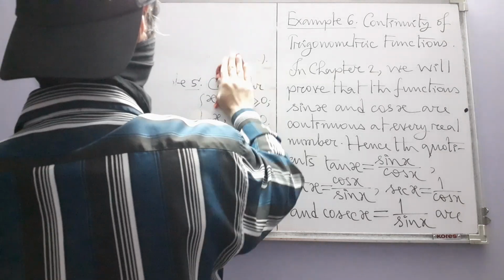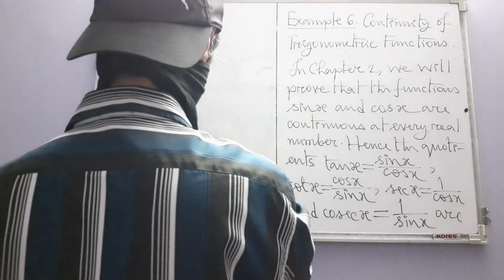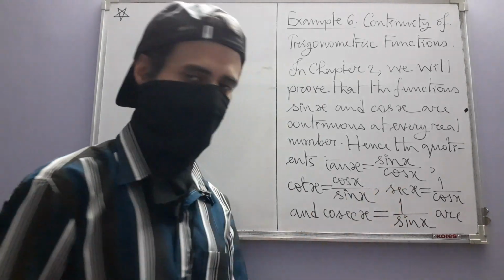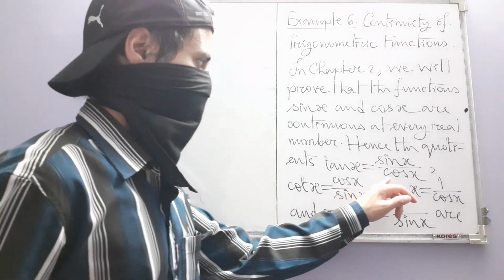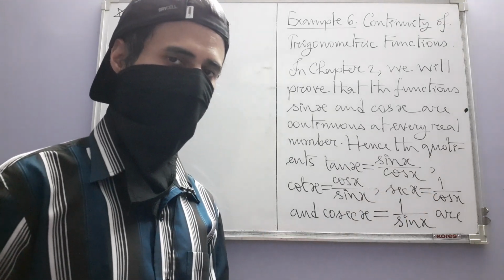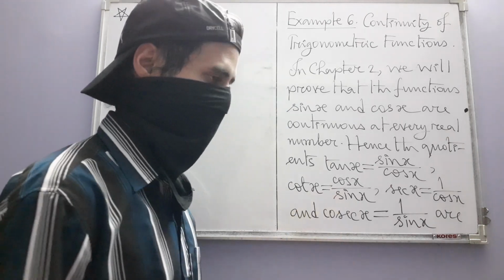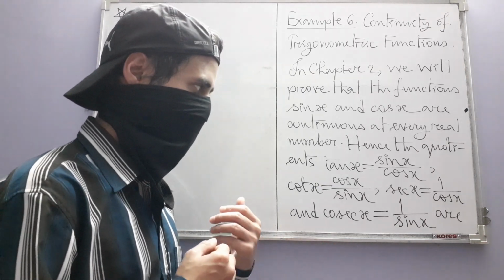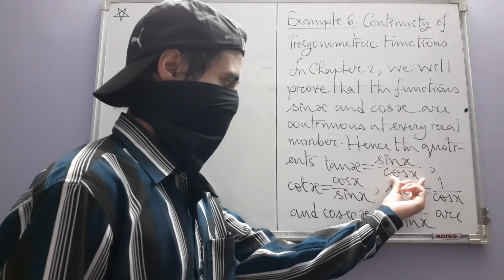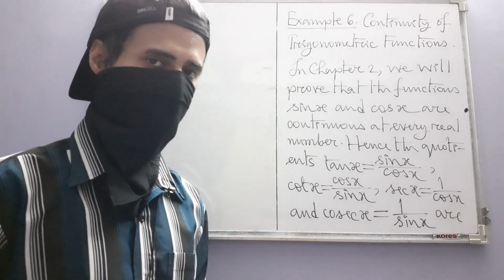And in fact, from what we already know about these functions, we know precisely what those real numbers are where these denominators are 0. Cos x becomes 0 precisely when x is an odd multiple of pi over 2, and sin x becomes 0 precisely when x is a multiple of pi. So in these functions where you have cos x in the denominator, you have to avoid the odd multiples of pi over 2.